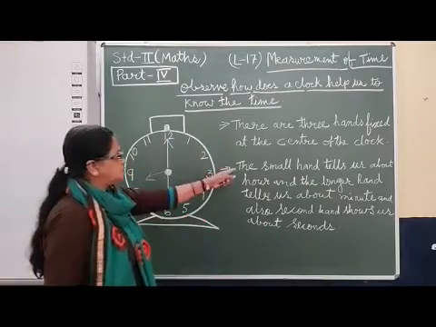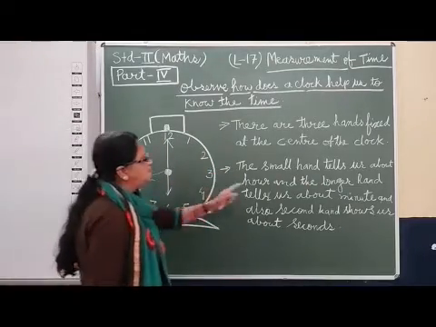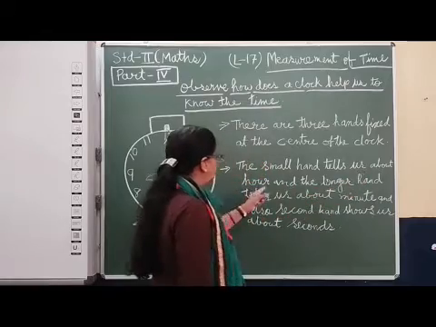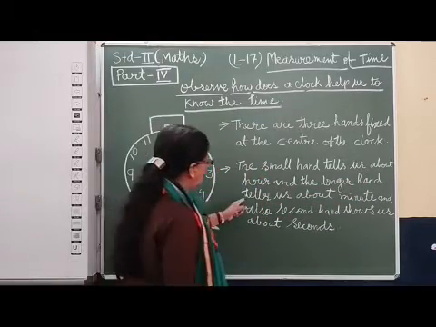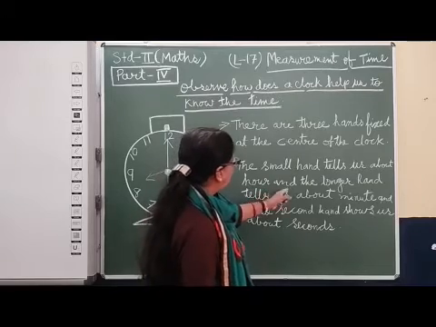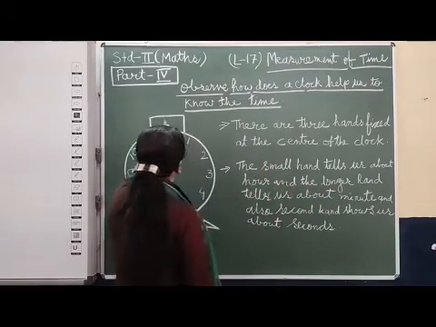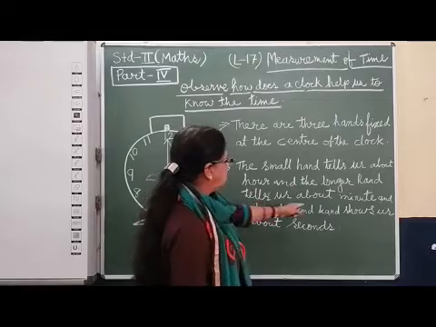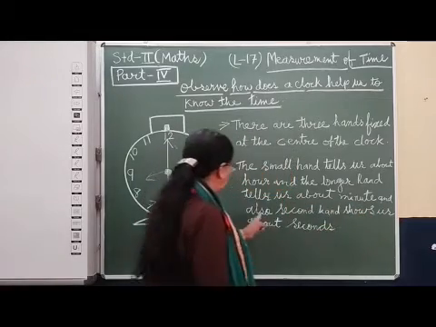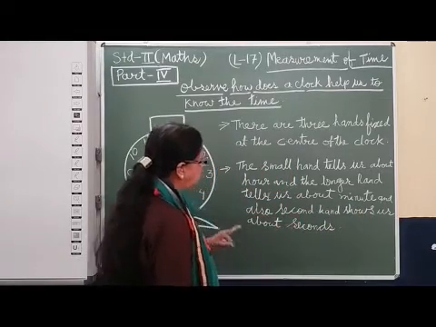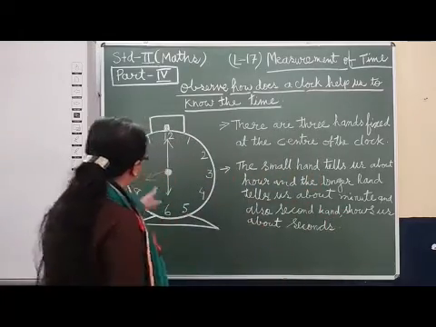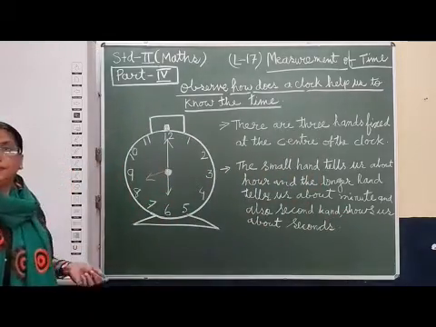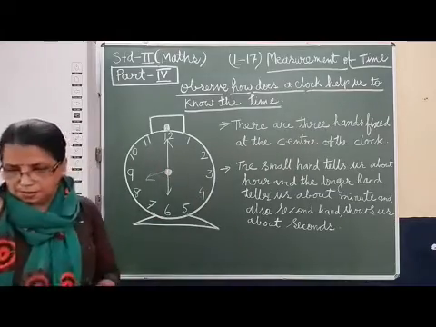Three hands: the small hand, this is the small hand, it tells us about the hour, how many hours. And the longer hand, this is the longer hand, it tells us about minutes. And one also second hand. The second hand shows us about seconds. This is the second hand. Okay, this is about the clock.